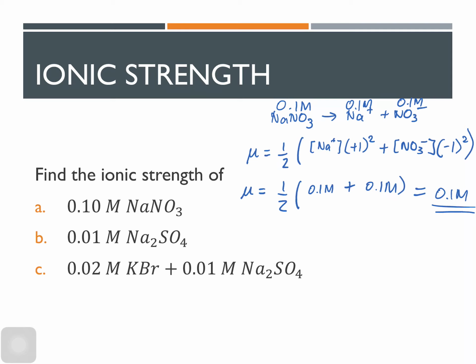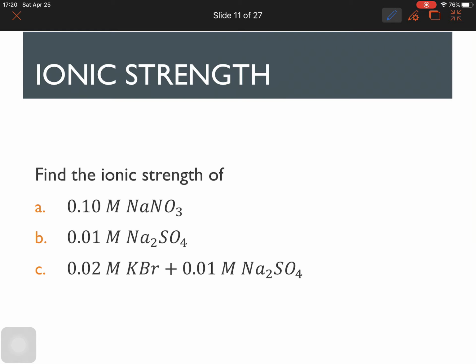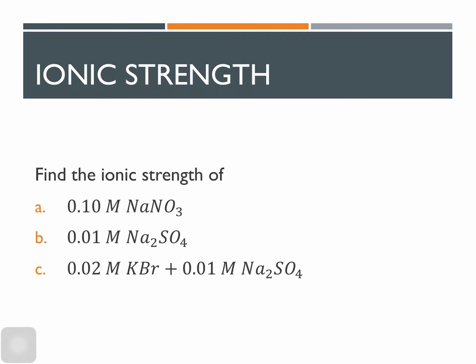Okay, so let's try sodium sulfate. For sodium sulfate, we're going to write the dissociation reaction. That's sodium sulfate dissociating into 2 moles of sodium ion plus 1 mole of sulfate ion.